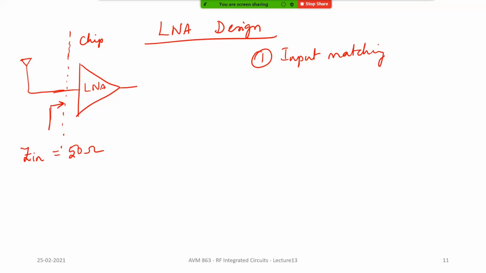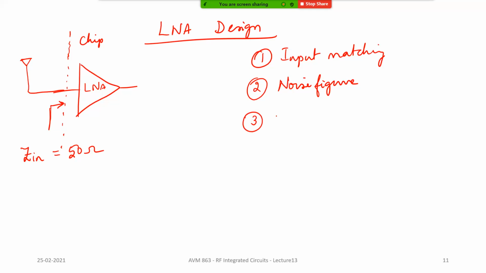So input matching is extremely important for your LNA, because if it is not matched, what will happen? All the power that is being received by the antenna will get reflected by the LNA. Nothing will go into your receiver chain. So input matching is very important. And secondly, as you know, noise figure. The noise figure has to be as low as possible.